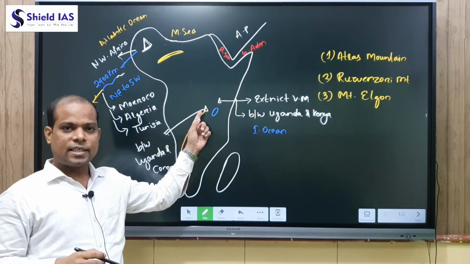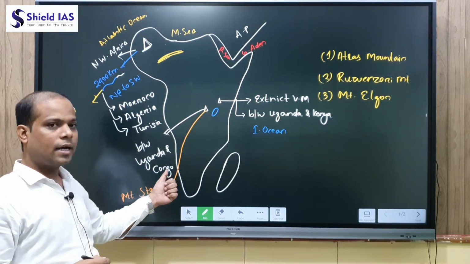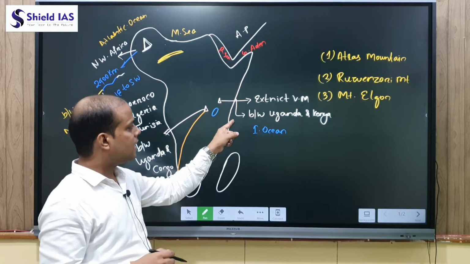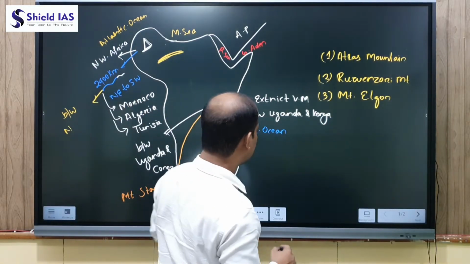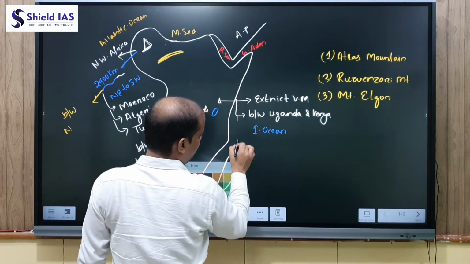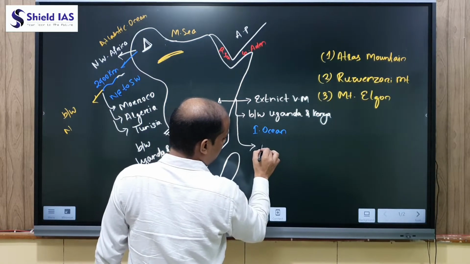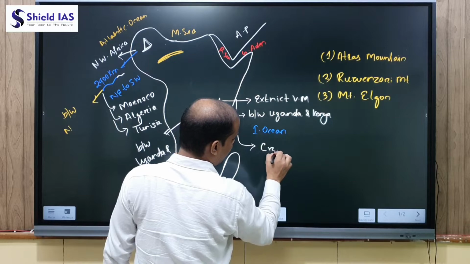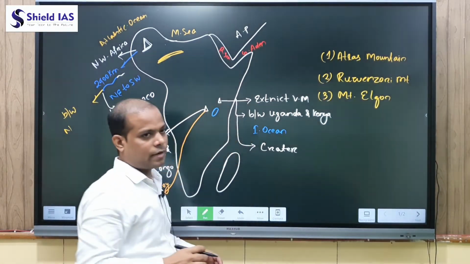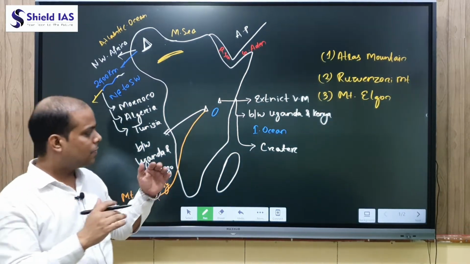So remember the things. Rwenzori Mountain is situated between Uganda and Congo, and here Mount Elgon is situated between Uganda and Kenya, and it has what is called a crater. It is the deepest part at the top of the mountain.